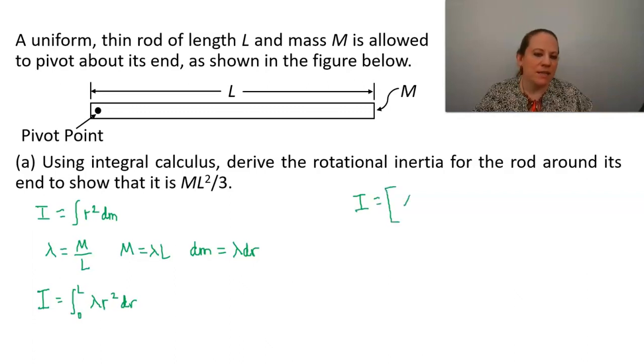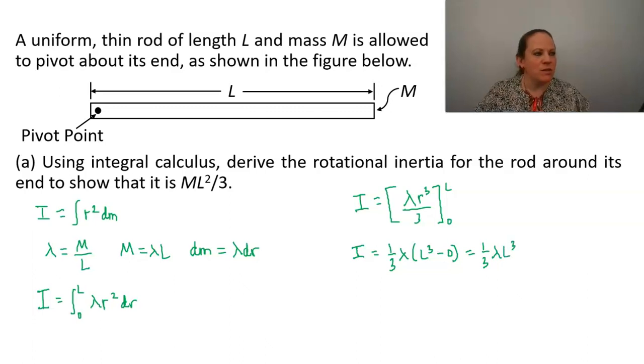Remember that lambda is a constant, so it comes out front, and we're just left to integrate r squared dr, which gives us r cubed over 3, which we will evaluate from 0 to L. So I will be equal to 1/3 lambda times L cubed minus 0, which is 1/3 lambda times L cubed.